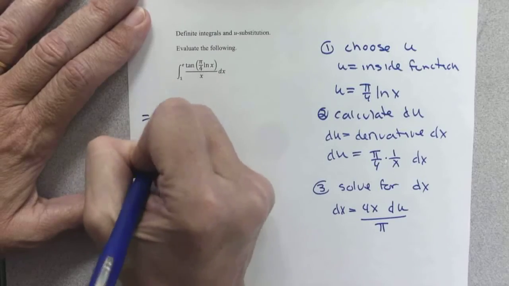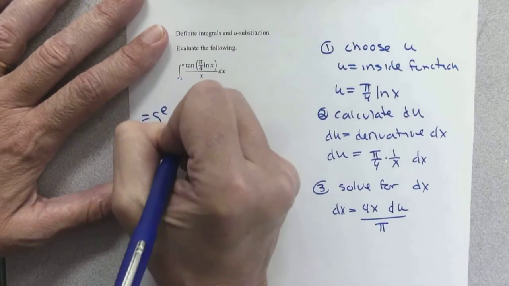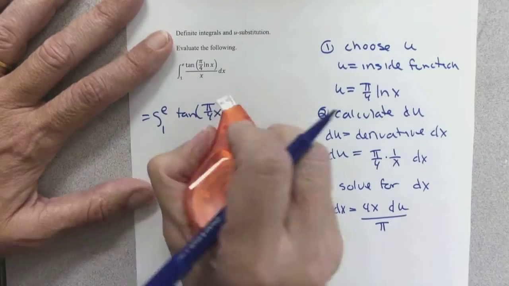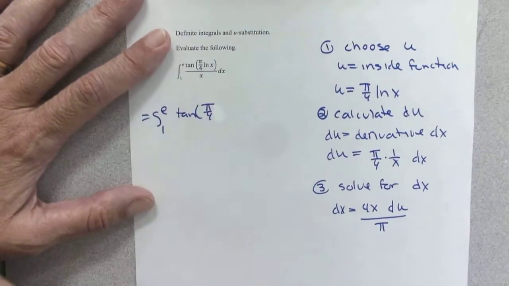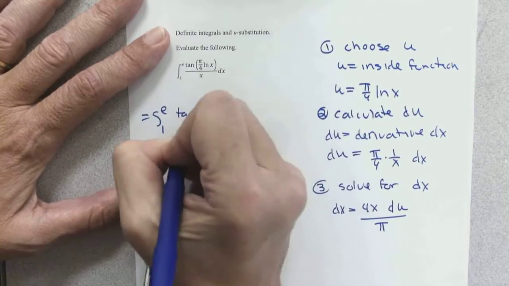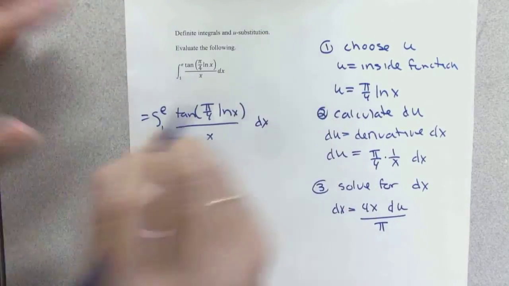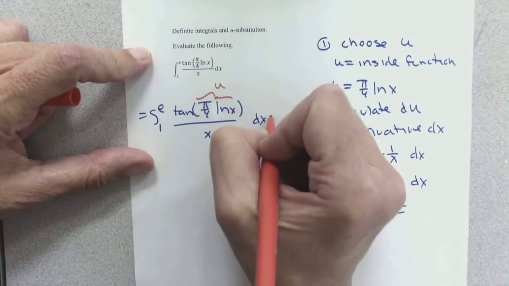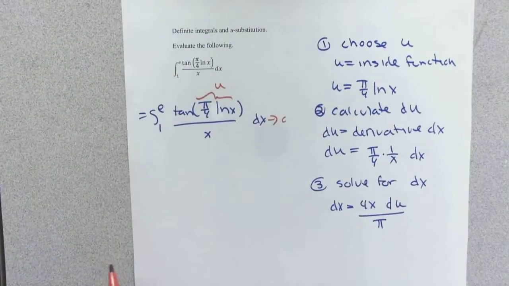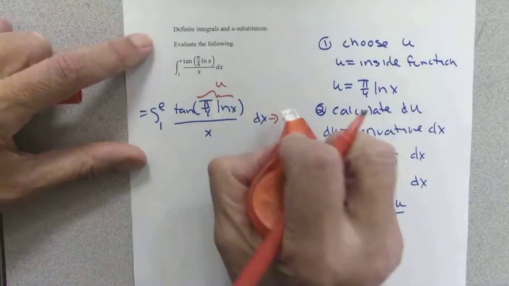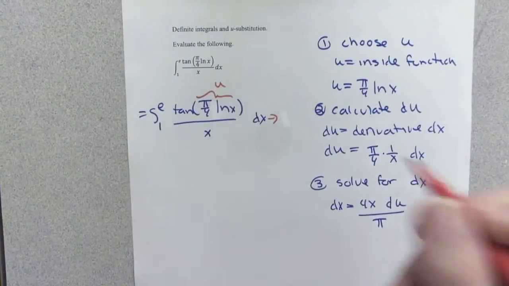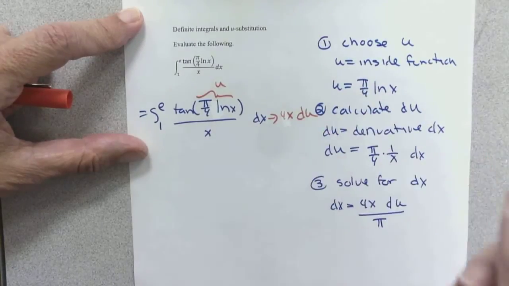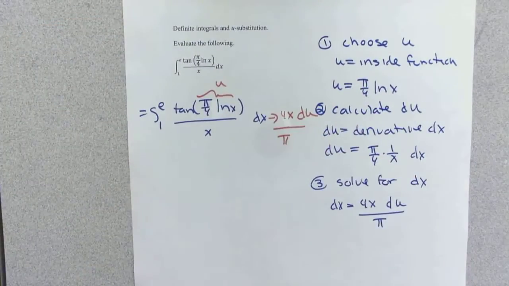And I'm just going to write this down again so it's a little bit bigger. And so this was going to be U. Dx is going to be replaced by 4x du over pi.